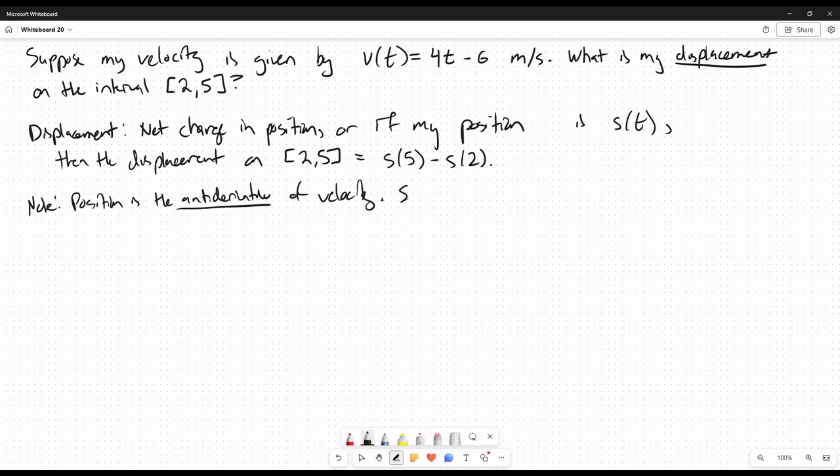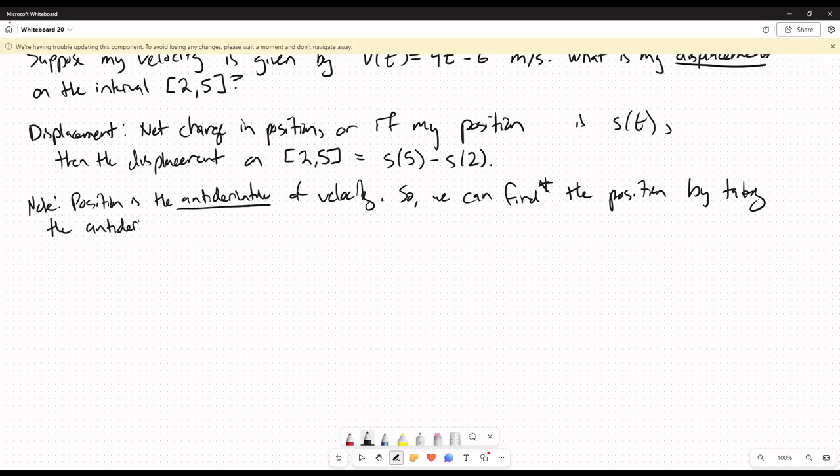So we can find, and I'll put an asterisk here, the position by taking the antiderivative of velocity.